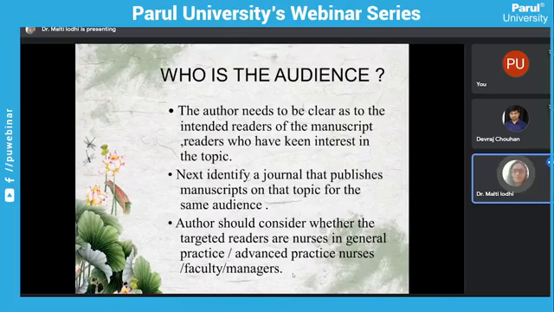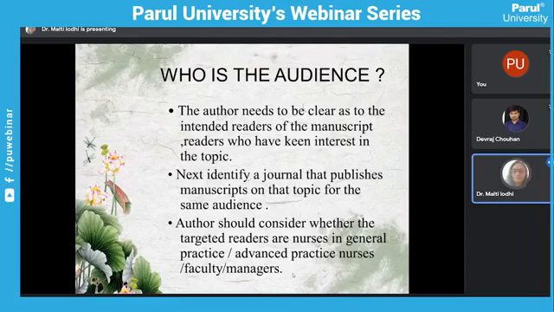Next, identify the journals that publish manuscripts on that topic for the same audience. Then the author should consider whether the target readers are nurses in general practice, advanced practice nurses, or faculty.